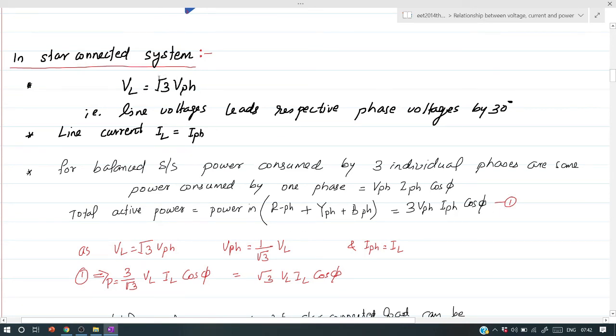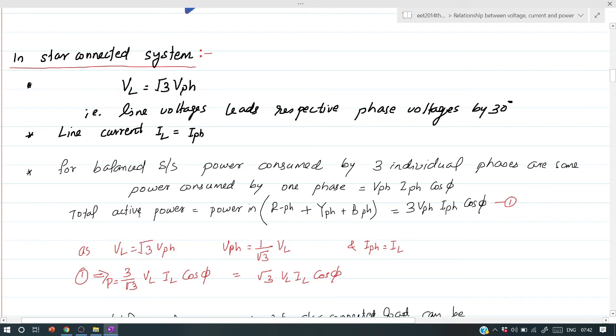In this case, star connected system, VL is equal to root 3 VPH. Therefore, VPH can be written as VL by root 3, and also we got this relation IL is equal to IPH or IPH is equal to IL. Now we can substitute VPH as VL by root 3 and IPH as IL in this equation. We can write down equation number 1 as root 3 VL IL cos phi.